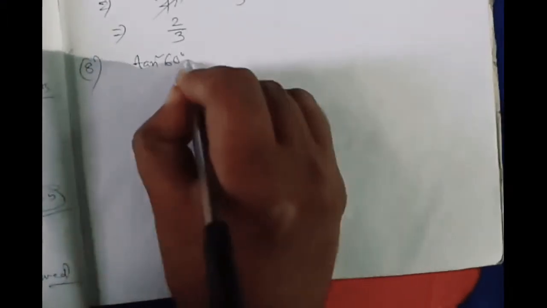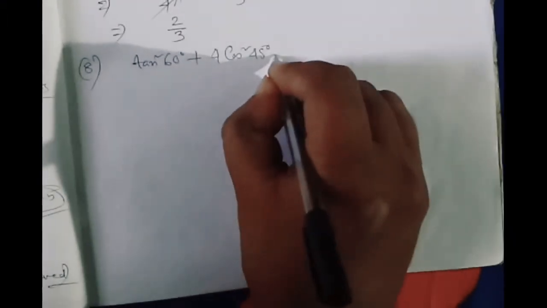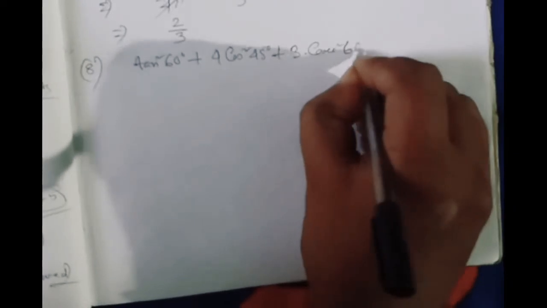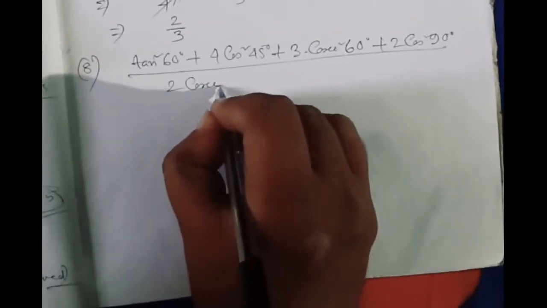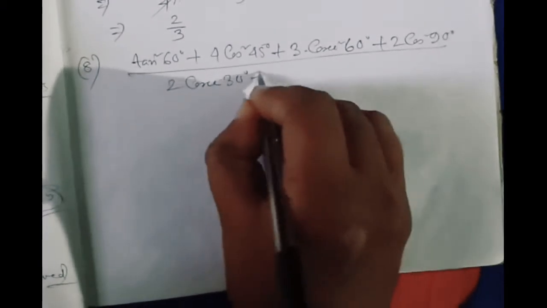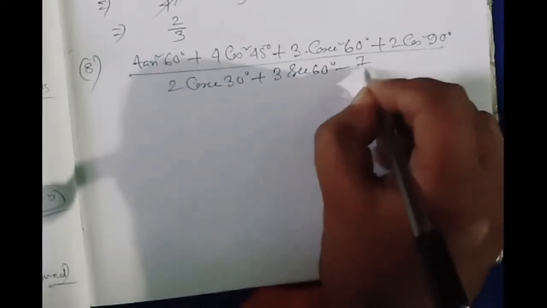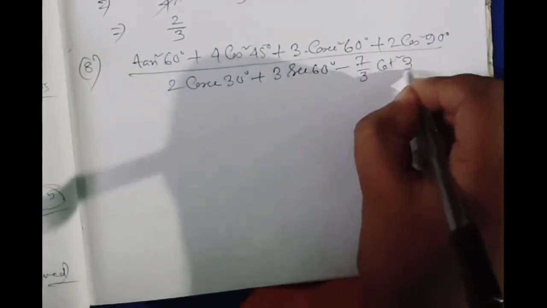Tan square 60 degree plus 4 cos square 45 degree plus 3 cosec square 60 degree plus 2 cos square 90 degree divided by 2 cosec 30 degree plus 3 sec 60 degree minus 7 by 3 cot square 30 degree.